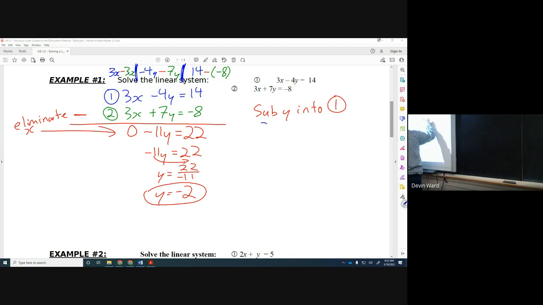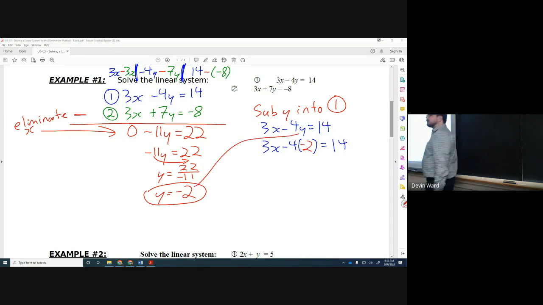Okay, so I have 3x minus 4y equals 14. So 3x minus 4 times negative 2, because I know that my y equals negative 2.